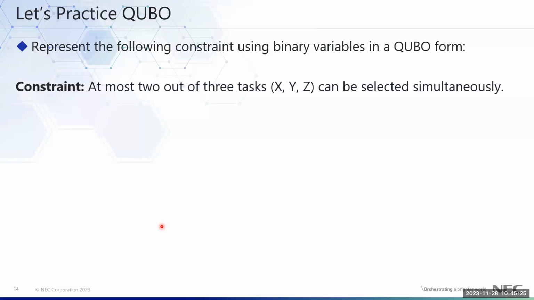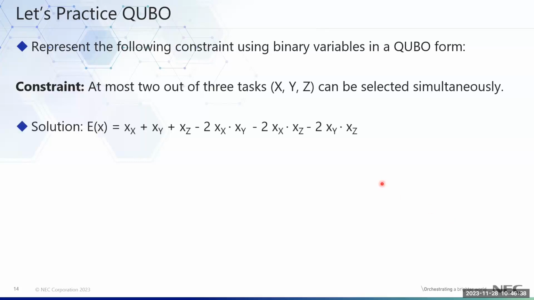Now, the constraint is at most two out of three tasks, X, Y, and Z, can be selected simultaneously. So there are three tasks, but now you have to write something where one of the tasks should be rejected. So at most only two out of the three can be selected. Okay, so let's see how this works. It's slightly complicated.